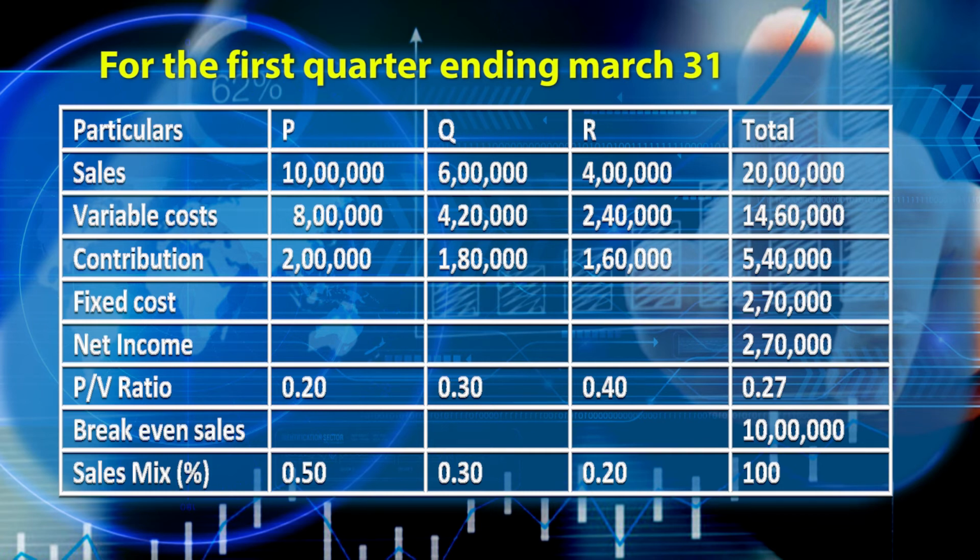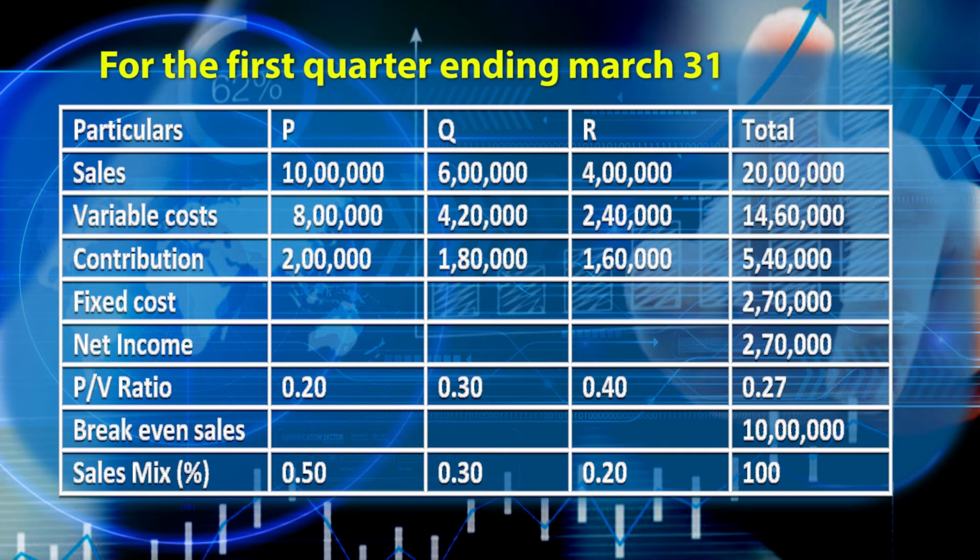Contribution for P, Q, R is 2 lakh, 1 lakh 80,000 and rupees 1 lakh 60,000. The total contribution for all the products amounts to rupees 5 lakh 40,000. Fixed cost is 2 lakh 70,000. Net income is also 2 lakh 70,000. PV ratio for P, Q, R is 0.20, 0.30 and 0.40.